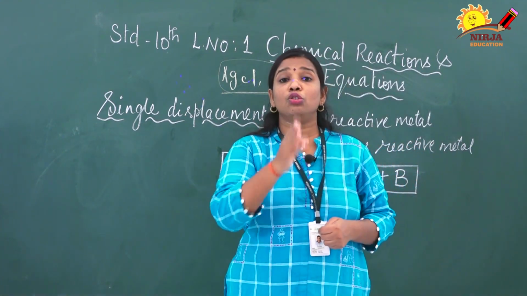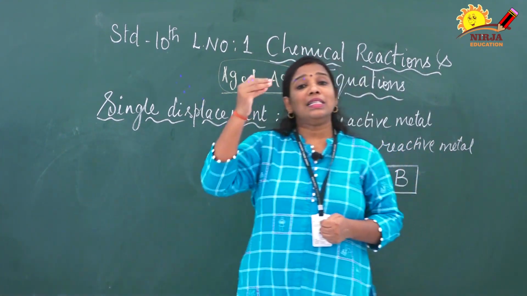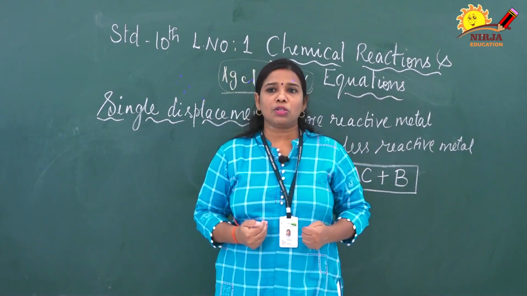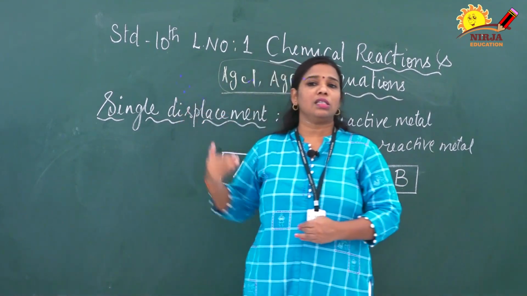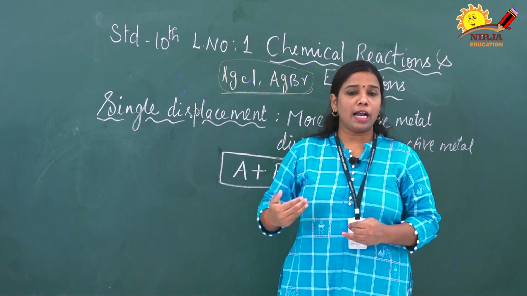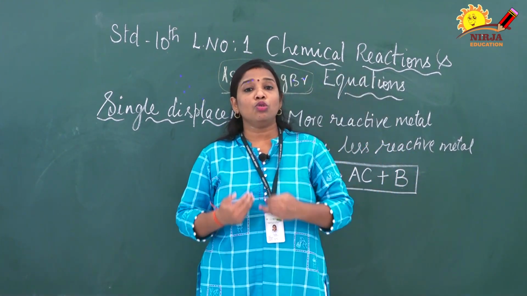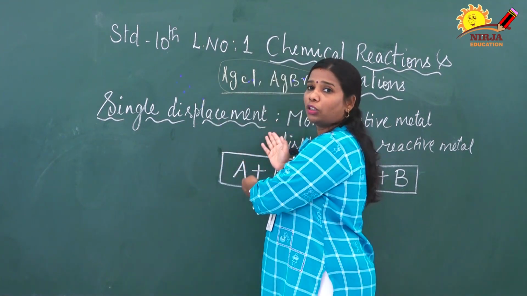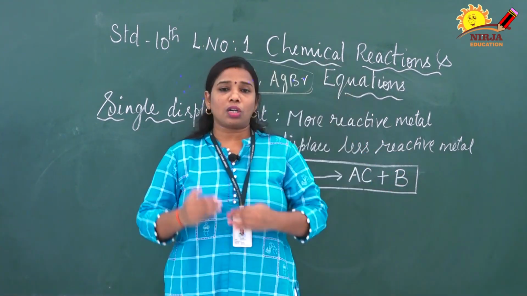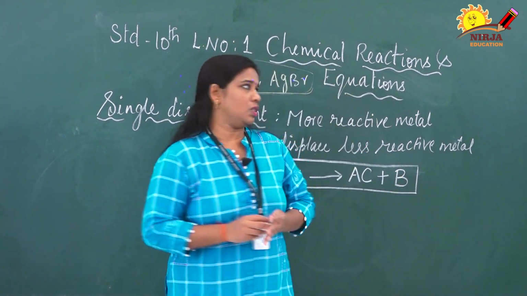We should know the chemical reactivity series. In chemistry, we have a reactivity series of metals as well as of non-metals also. So before knowing that topic, we should know what the metal reactivity series is.